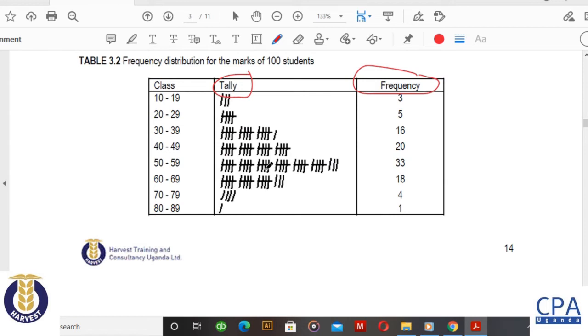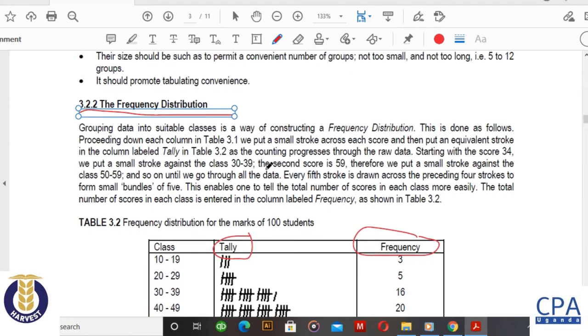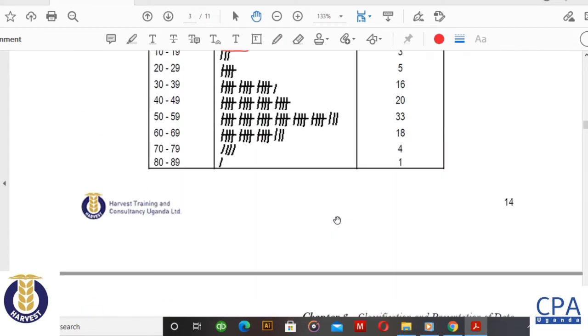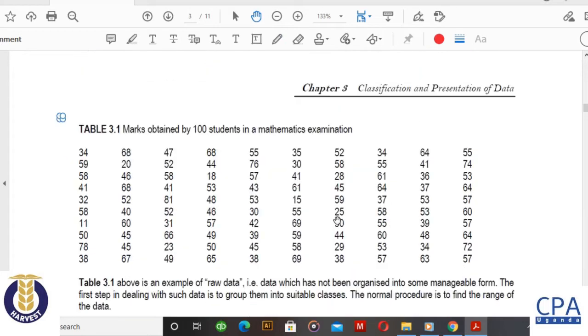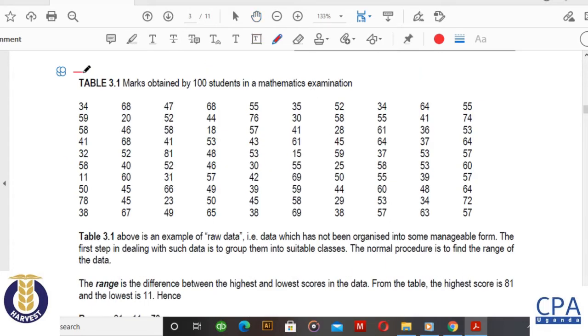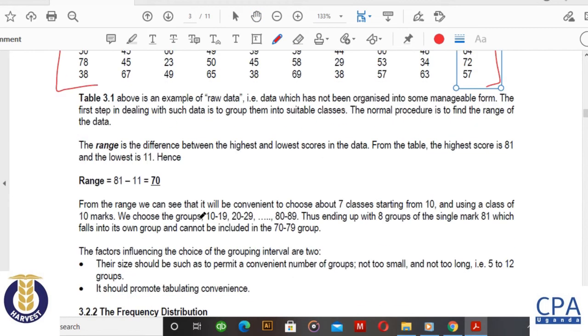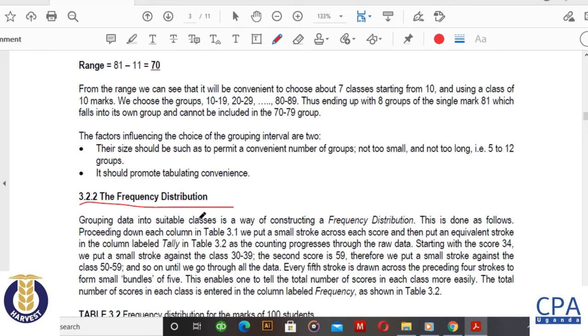And in that lecture, I mentioned that if you're given this kind of raw data, the one that we have on page number 14, then you can smartly present it in a frequency distribution table by grouping this data in some kind of classes, which we call the class limits.